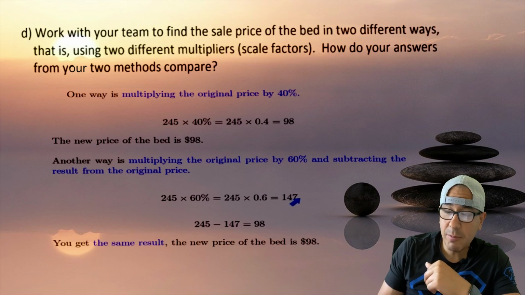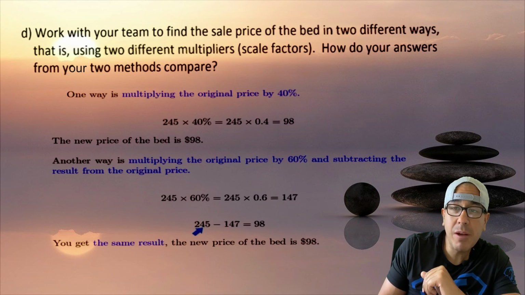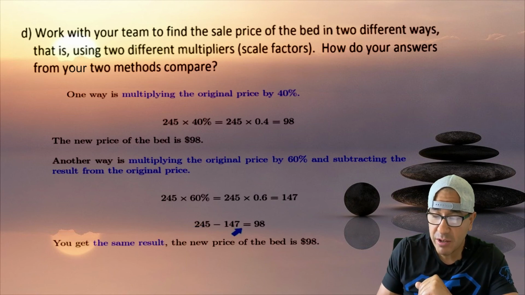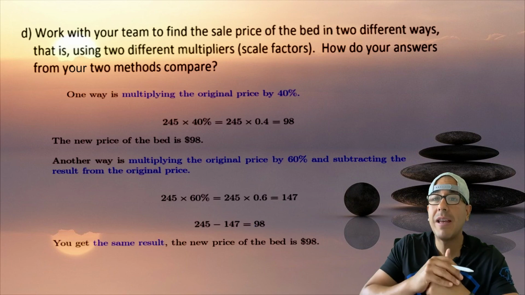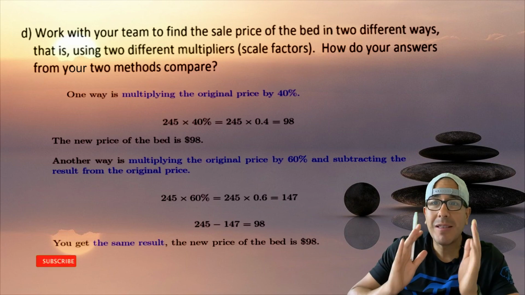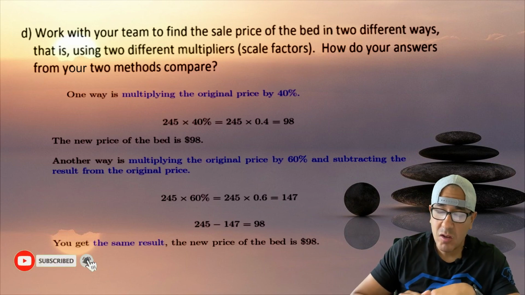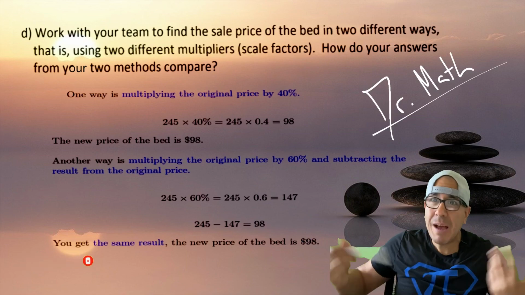This is what you're gonna take away from the original price of $245. Subtract those two, boom, and you get $98. The same answer that we got before. So again, depending on how you want to look at it, you get the same answer. All right. So the new bed price is $98, and I don't know about you, but I'm out of here.